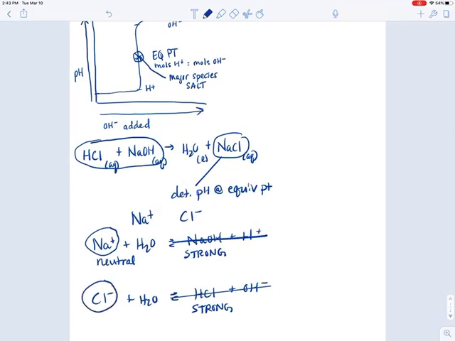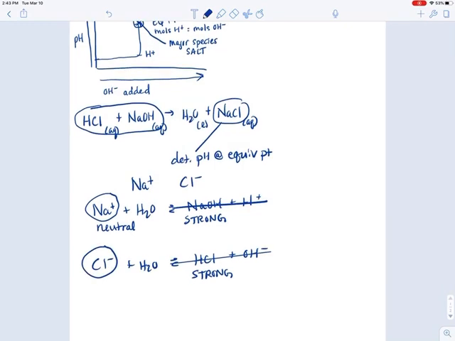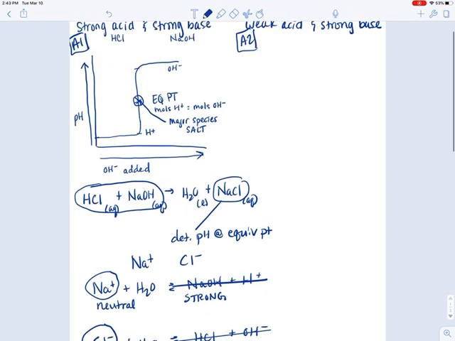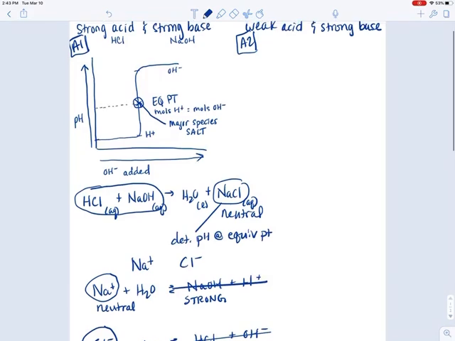And we're just left with chloride ions in solution, which, since they do not generate any equivalence of hydroxide or hydronium, is a neutral ion. Okay, and so for that reason, NaCl is a neutral salt, and the pH at the equivalence point of a strong acid, strong base titration is always going to be a pH of 7.